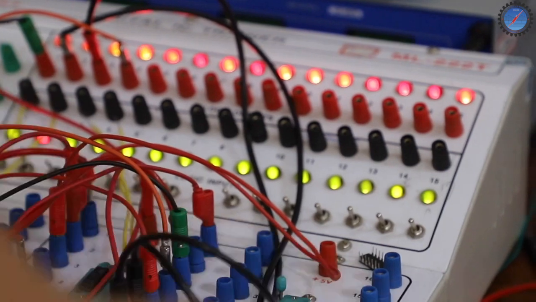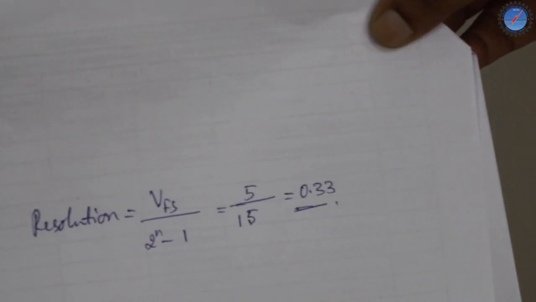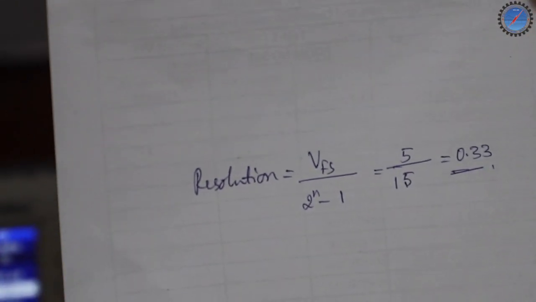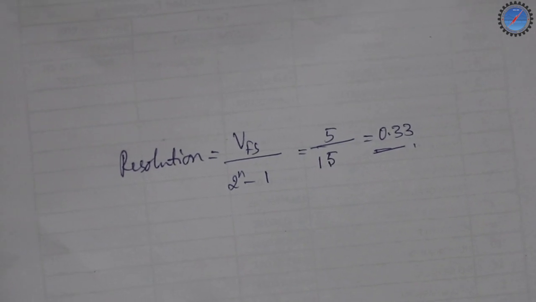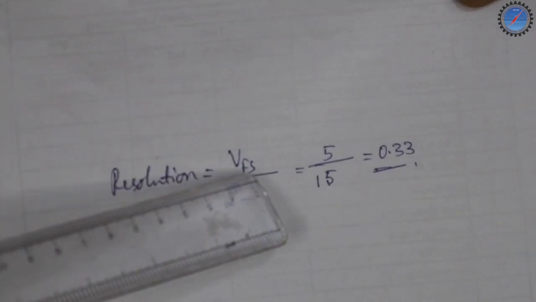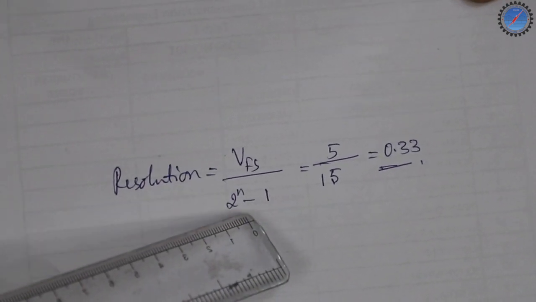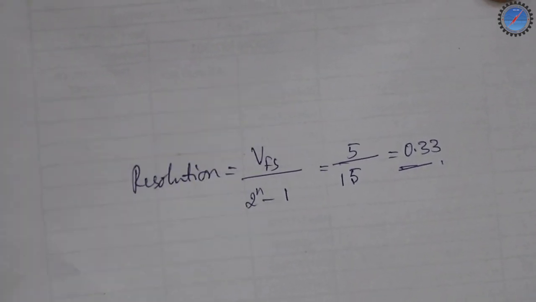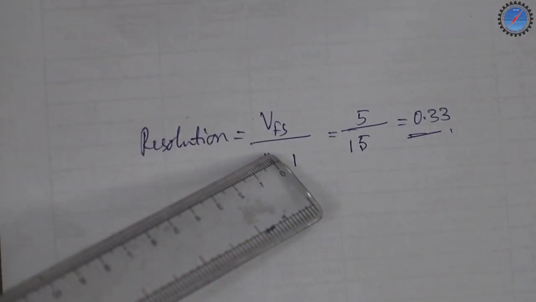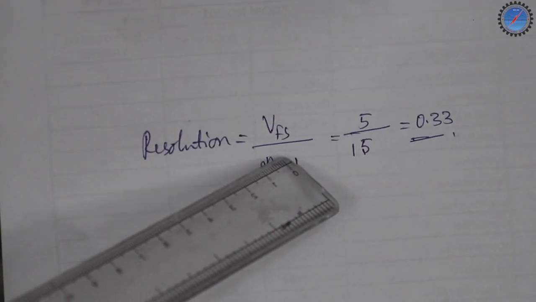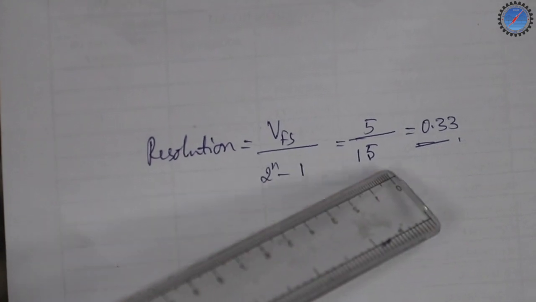Here I have calculated the resolution, which is nothing but the step size. The smallest change in the voltage, whether at the input or output of the converter, is given by the resolution, which is equal to full scale voltage divided by 2 power n minus 1, where n is the number of input bits. Here we have 4 input bits, so 2 power 4 is equal to 16, minus 1, we have 15.